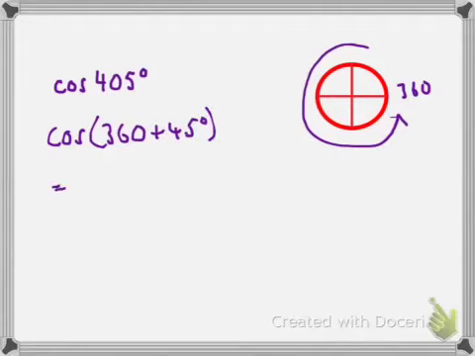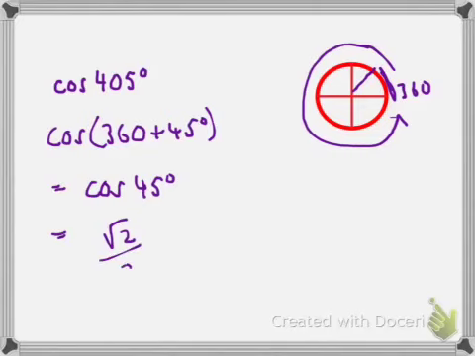So really, we're here now. We've gone round once and we go round again another 45 degrees there. It's effectively the same as cosine 45 degrees, which equals square root of 2 on 2.